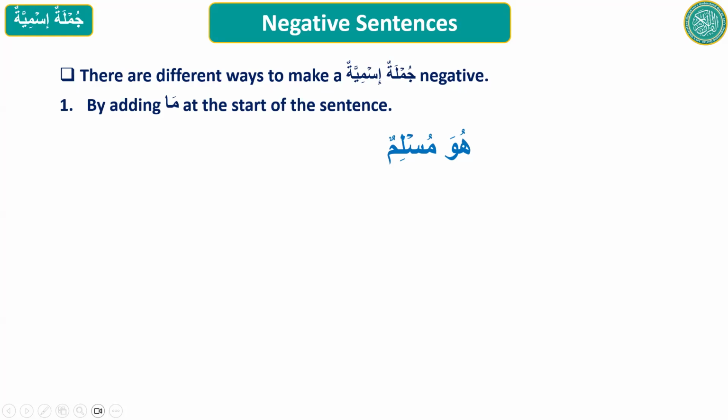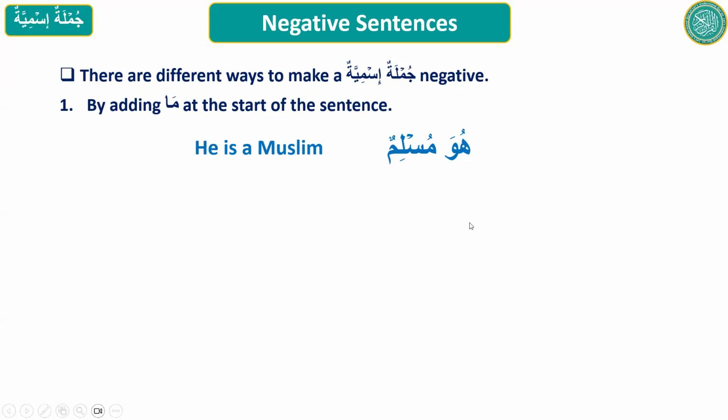Ma is used differently in Arabic language. Over here, this ma, what we are talking about, is called ma an nafiya. Nafiya means the one which is used to make negative sentences. So it means not. So the rule says add a ma at the beginning of the sentence. Huwa muslimun means he is a Muslim.